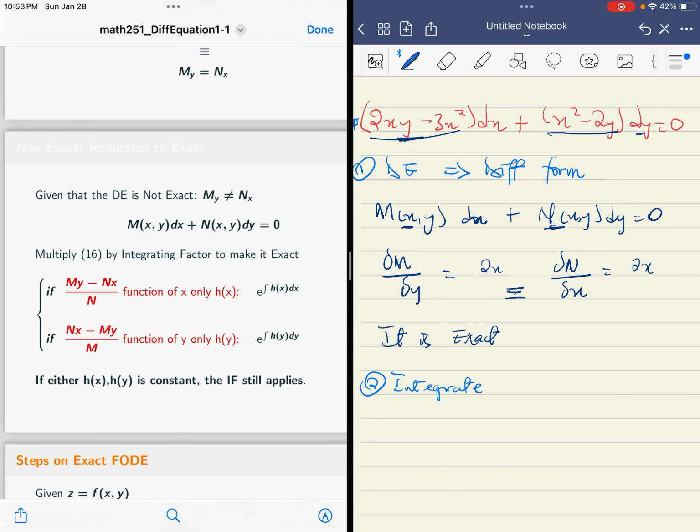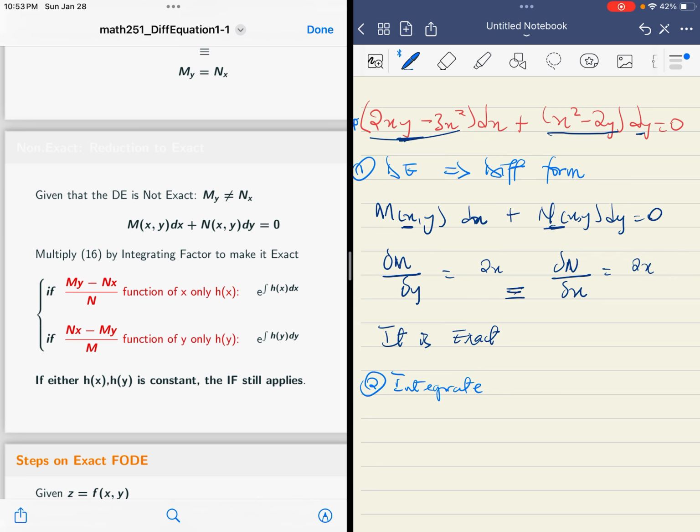And I'll always advise that, as people who have studied maths for some time, we know integration can be quite tricky and unnecessarily long. So we always want to make it simple for ourselves. We will choose the term which is easier to integrate so that we don't go too long.